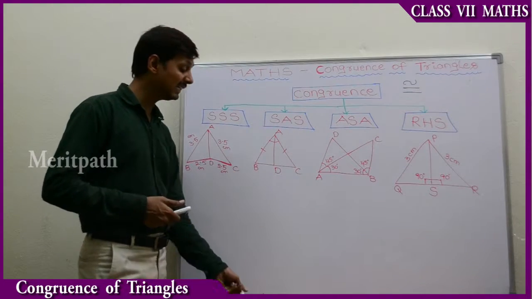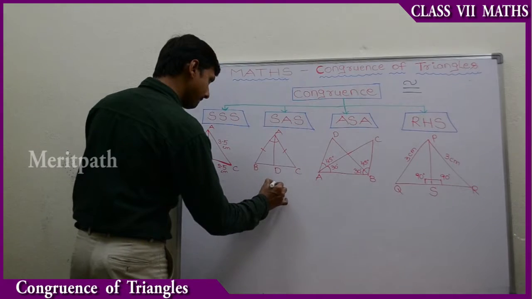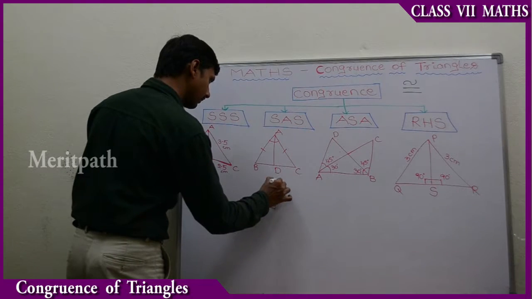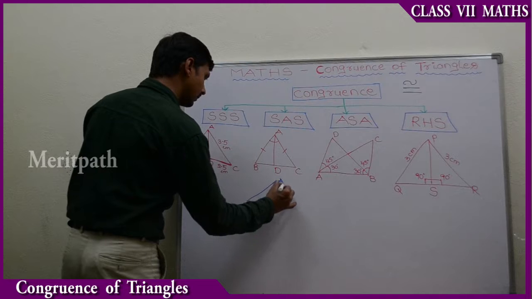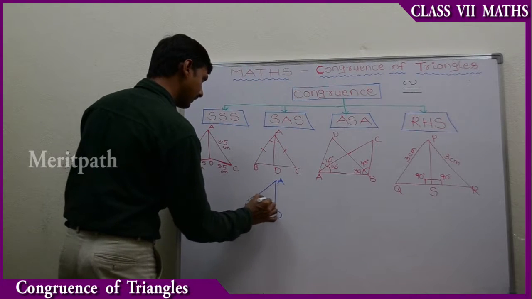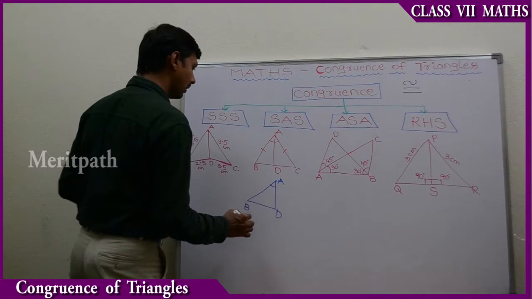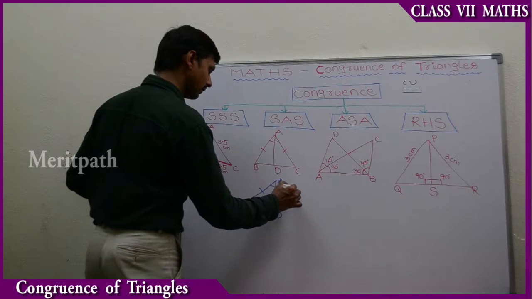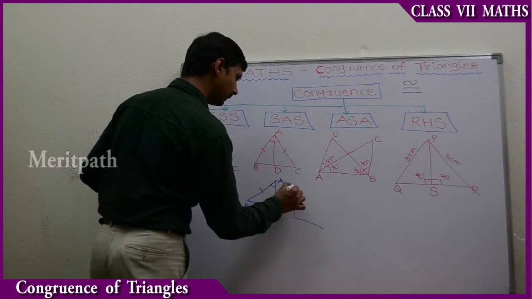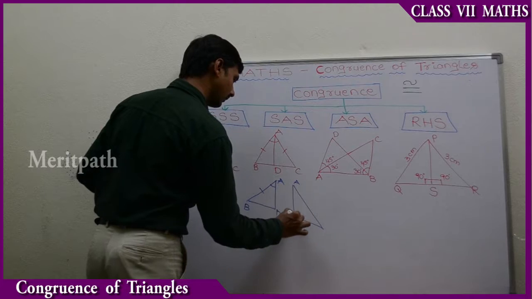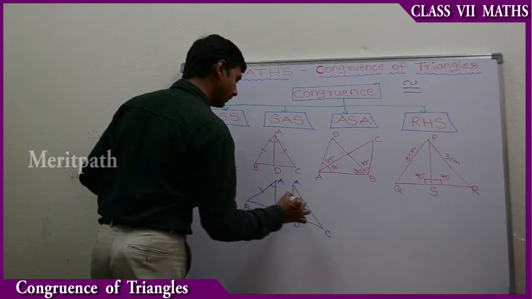Let's draw them separately. Triangle ADB, here one of the angles is common, and triangle ADC, and the side is equal.